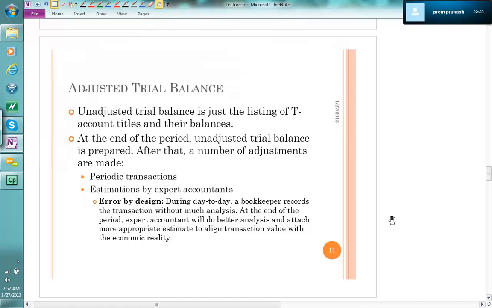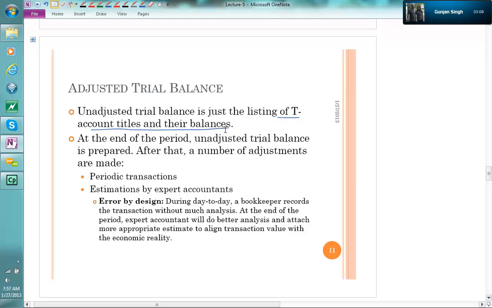So let's look at the meaning of adjusted trial balance. The unadjusted trial balance is just the listing of T accounts and their balances, created by the day-to-day bookkeeper. But during the course of a business, some entries are made into the books which are not quite a good reflection of the economic reality of the transaction.